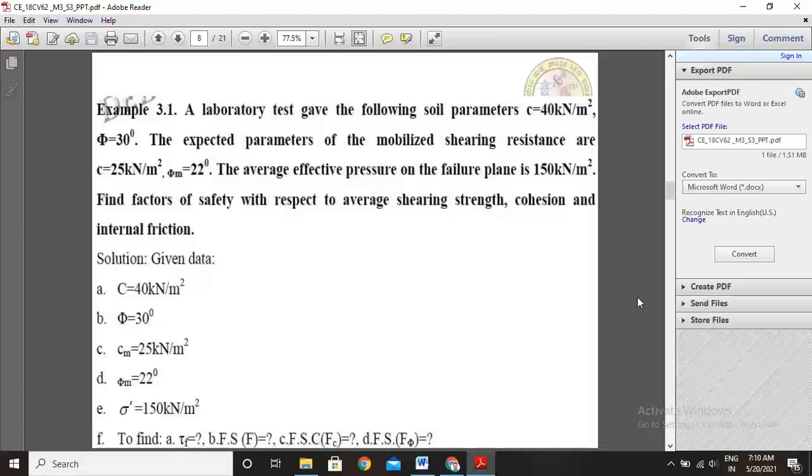The average effective pressure on the failure plane is 150 kN per meter square. Find the factor of safety with respect to average shearing strength, cohesion and internal friction. So this is the problem asked in this module.